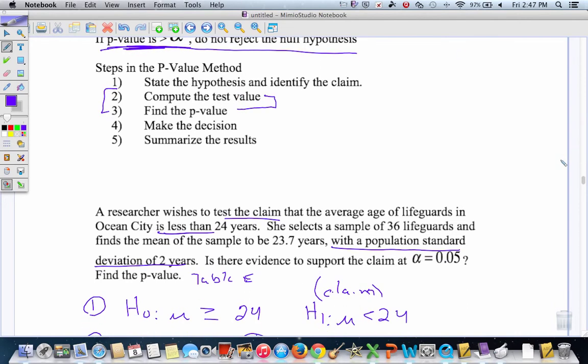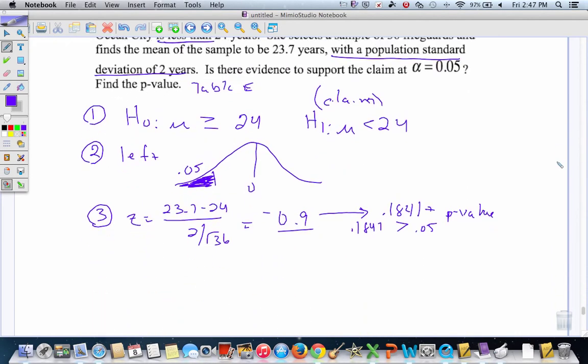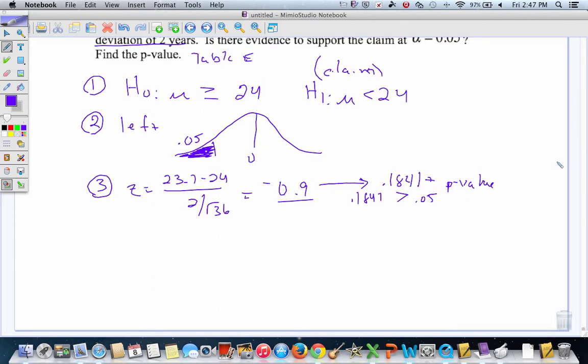We do not reject the null. I'm allowed to go back down here, and in step number 4, I can simply write that down. Do not reject the null. Again, 0.1841 was our p-value, the area based on our test score. We compared that to alpha, memorized those two criteria.